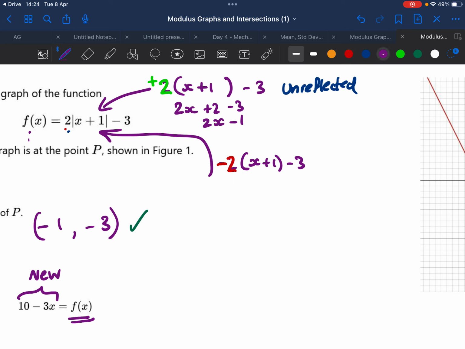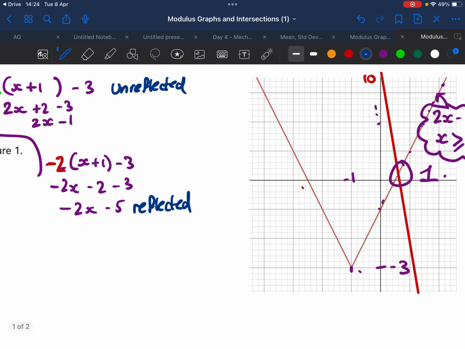That's how I like to answer this question anyway. And then minus 2x, minus 2, minus 3, you get minus 2x minus 5. So this is the reflected, the negative case. And you can see that again on here.